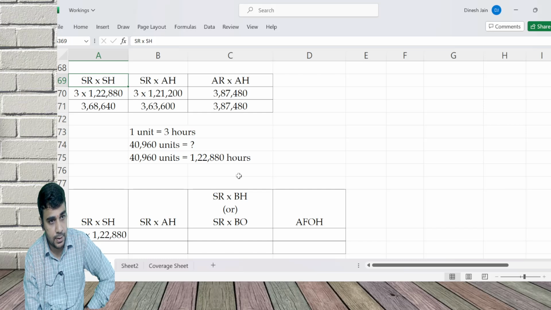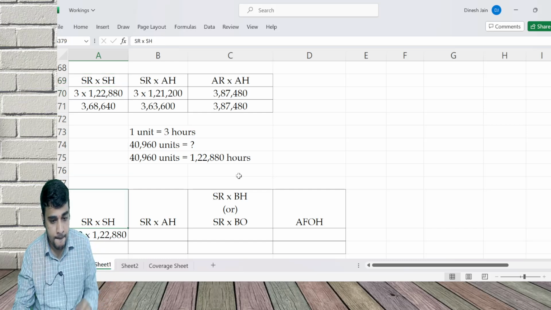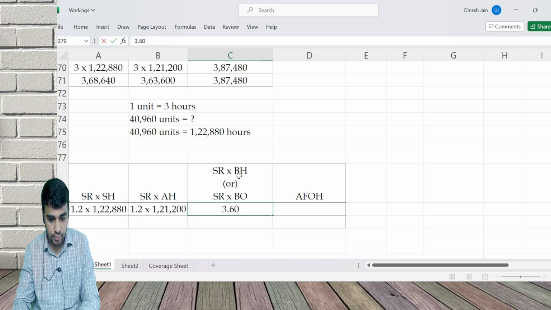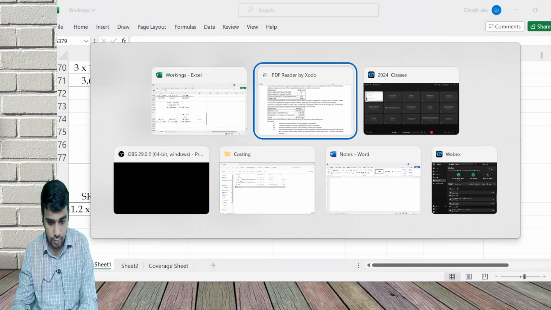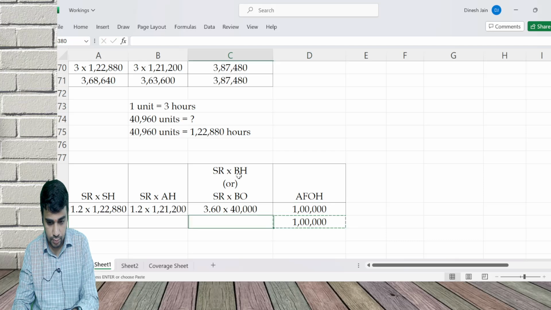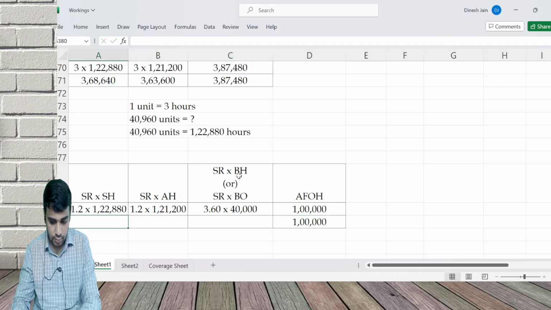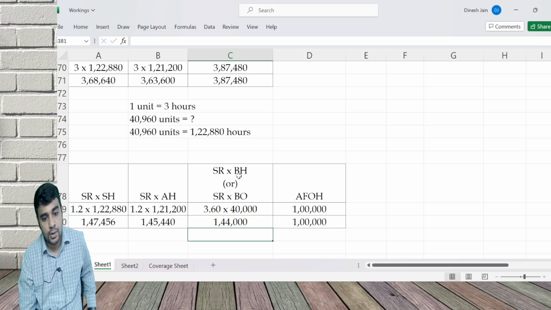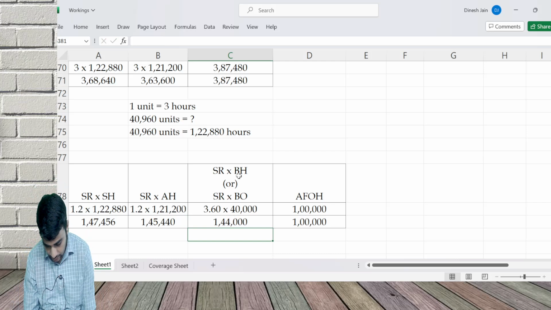Any doubts on the labor table? Quickly close the table and the variances.